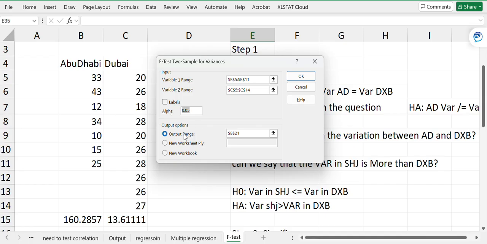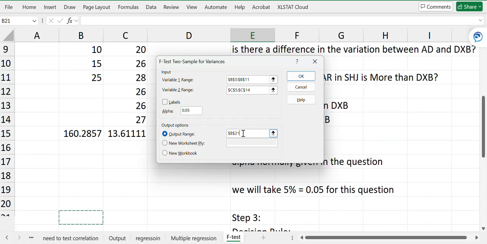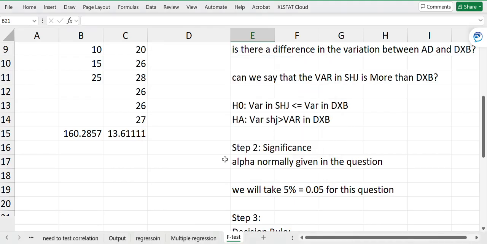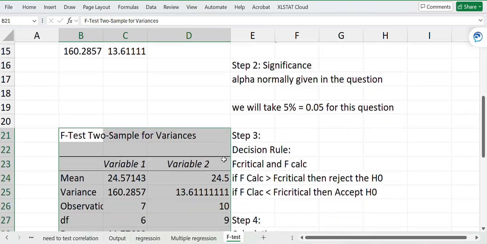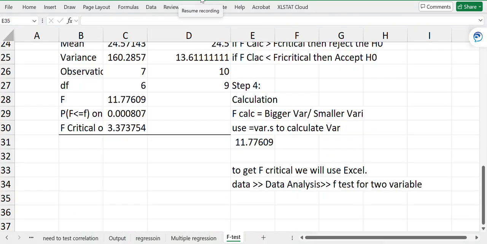And I suggest putting the result in the same page. So for output range, select any empty cell. You need at least 4 columns and 8 rows of result. Once you select this and press OK, you will get the results here. So now we have the result.